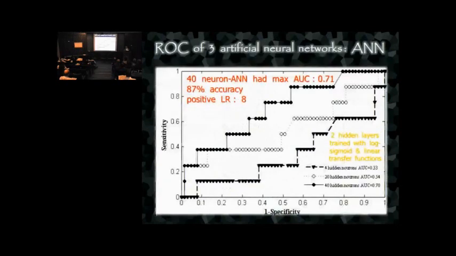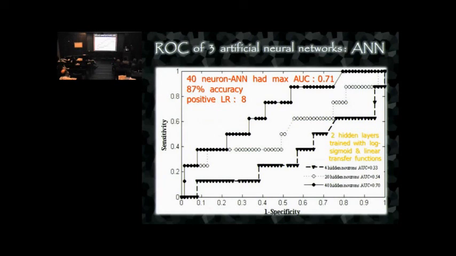And in this slide, you see the performance of three different architectures that we considered. All of them had 2 hidden levels, and they had 40, 20, and 4 neurons. As you see, the performance of these structures was different, and we reached the best performance when we considered the 40 neuron architecture.